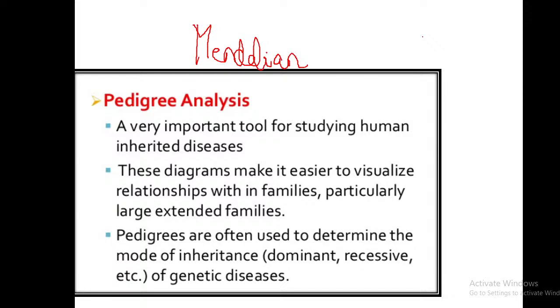Pedigree analysis is used for studying human inherited diseases. Then it is easy for finding the relationship between the families, and it is always used to determine the mode of inheritance, that is whether a character is dominant, whether a character is recessive, and the genetic diseases, gene associated syndromes, etc. So pedigree analysis is very important.